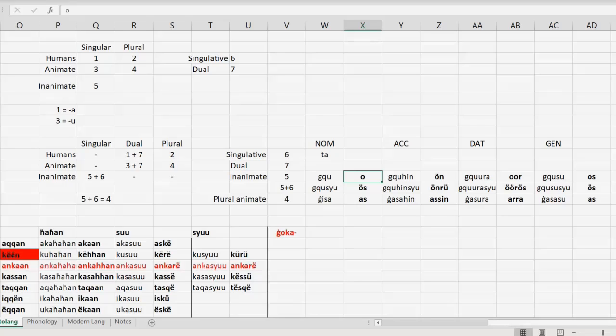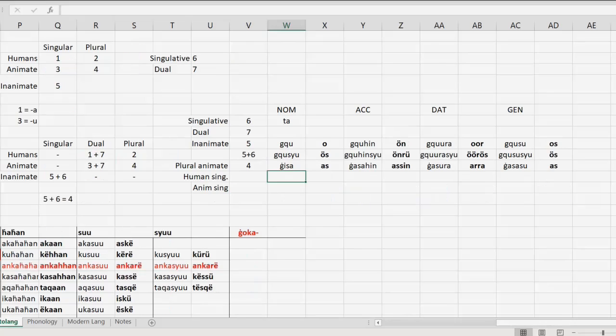Or it might alter the vowel that comes before it in some strange way. So that kind of already sets a precedent for what we want to have happen with the animate and human plural, where it leaves behind either just a single vowel or nothing. So the easiest way to do it would just be to have the marker just be a single vowel. That already does most of the job for us.